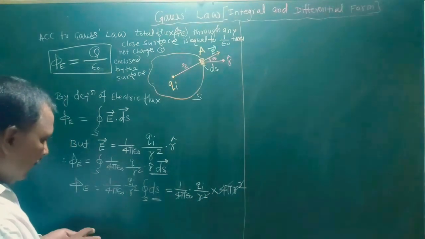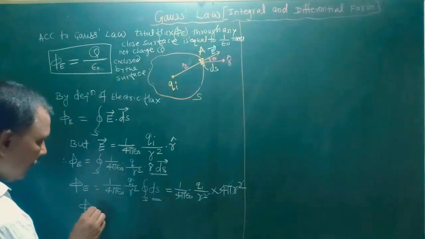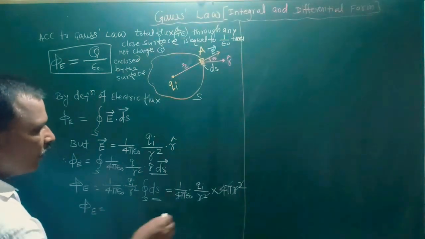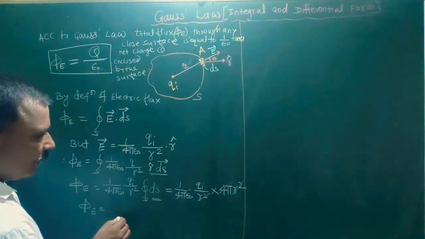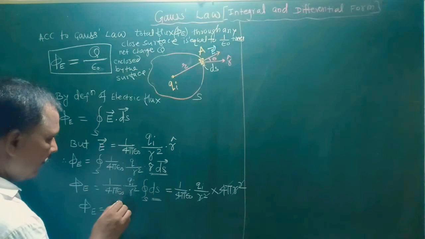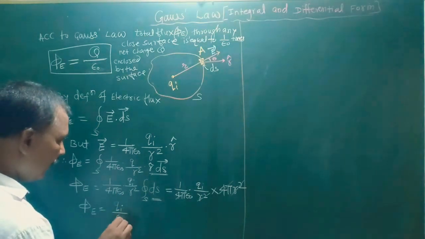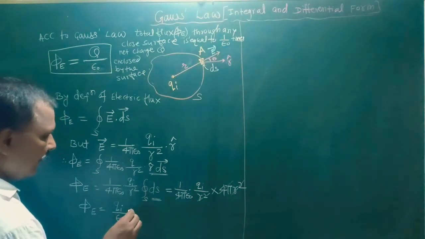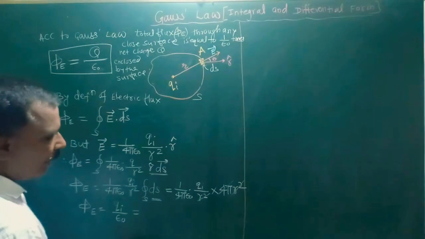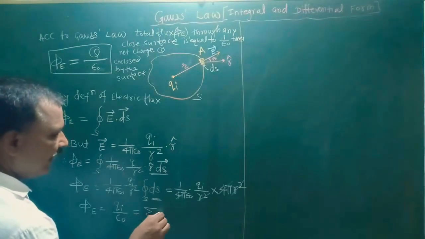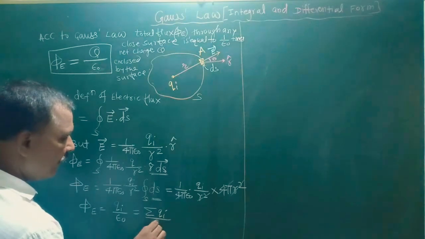Finally, therefore phi E is equal to 1 upon epsilon naught into Qi, which is nothing but the summation of Qi divided by epsilon naught.